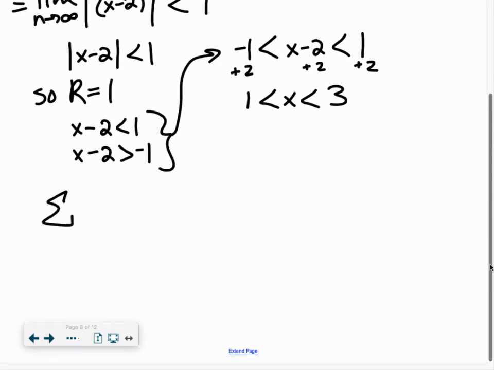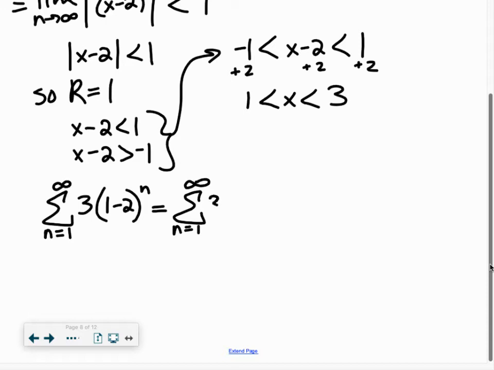So our series is 3 times x minus 2 to the n. If I do the sum with x equals 1, I get 3 times 1 minus 2 to the n, so I get 3 times negative 1 to the n.